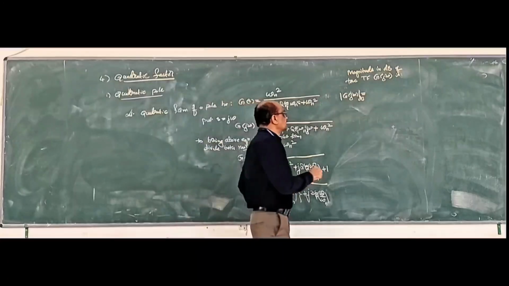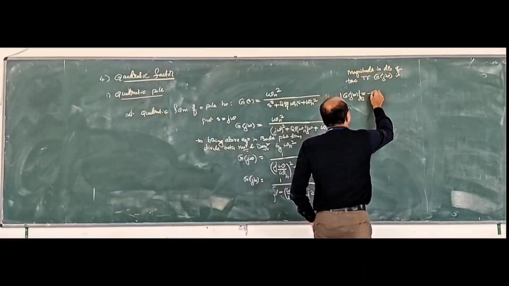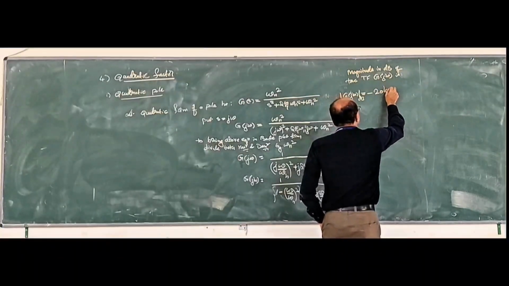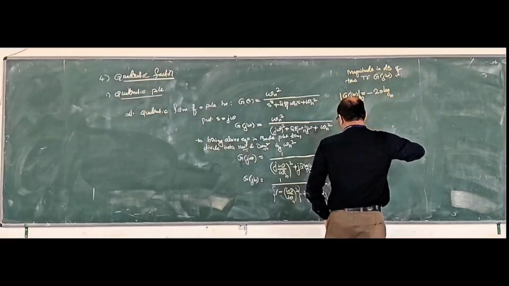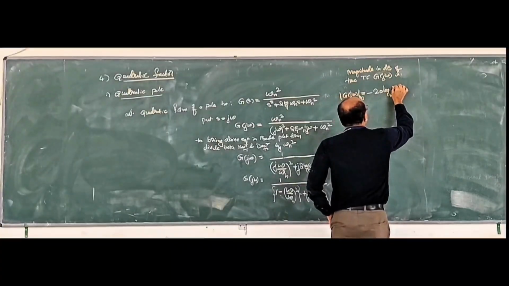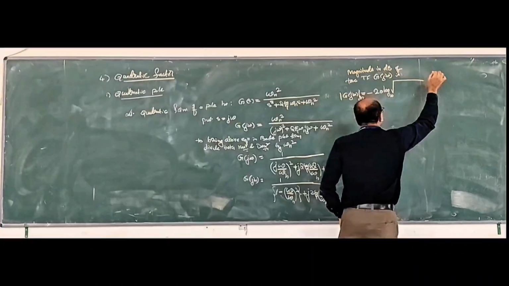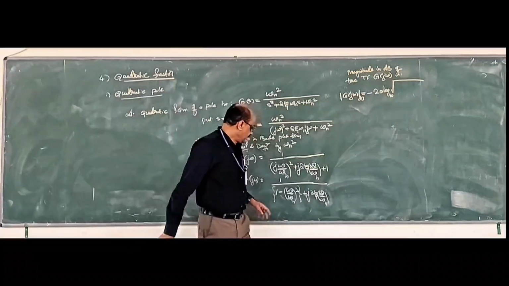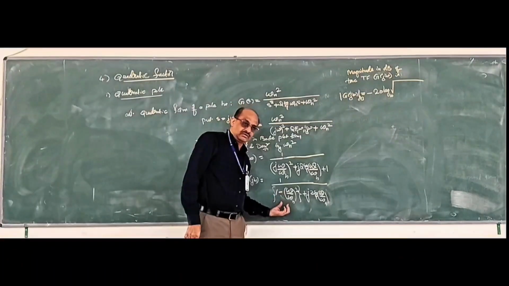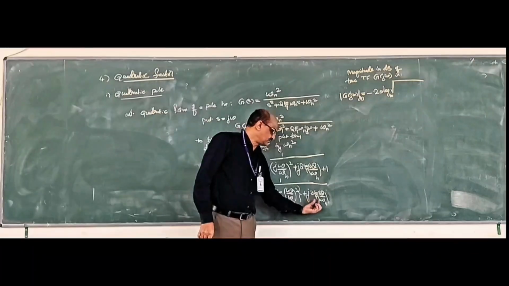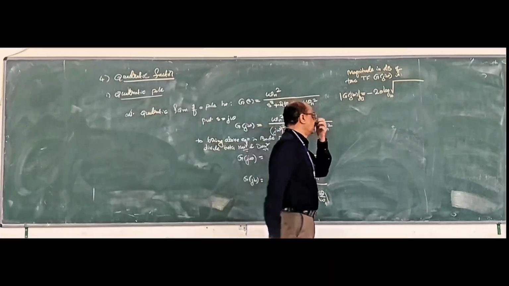So it is minus 20 log base 10 of the factor, which is the root of the square of the real part plus the square of the imaginary part, which gives you the magnitude.